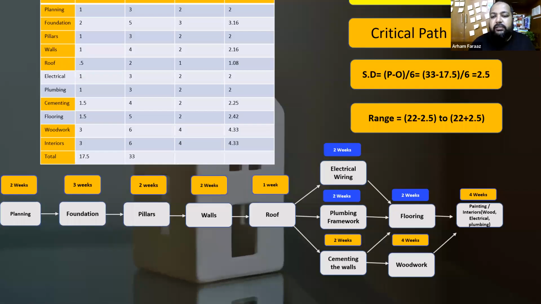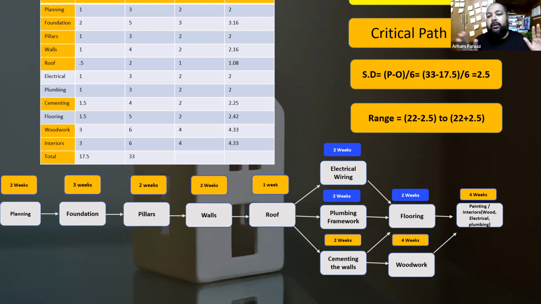So let's see what happens to the range now. 22 was the critical path, minus 2.5 was the standard deviation, to 22 plus 2.5. That becomes 19.5 weeks to 24.5 weeks. This is the range of the project.